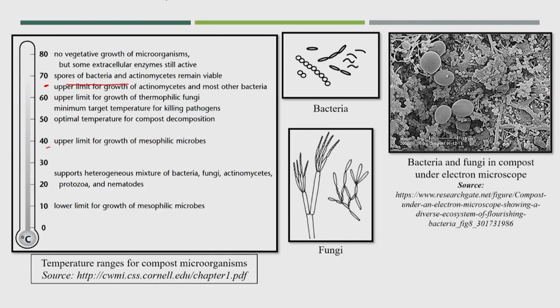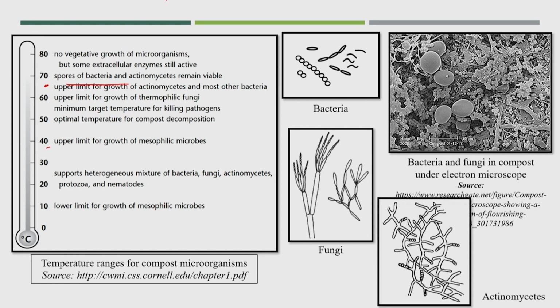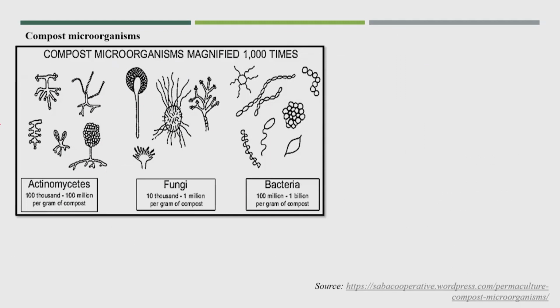You can see some bacteria and fungus in the photo. The numbers of actinomycetes are 100,000 to 100 million per gram of compost, fungus 10,000 to 1 million per gram of compost, and bacteria are the maximum, 100 million to 1 billion per gram of compost. So, different kinds of microbes are working in the composting process.